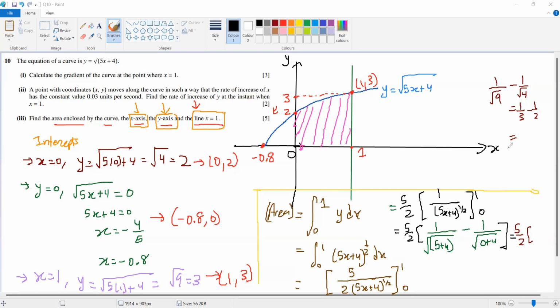So 5 over 2 times negative 1 over 6. It should be 1 over 6 because we take the area. I'm wondering why it's negative. Should be positive, right? Did I do the times all correct? Perhaps it's like that.